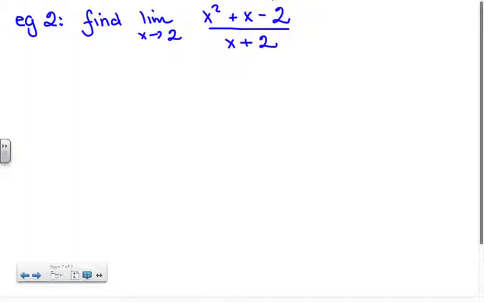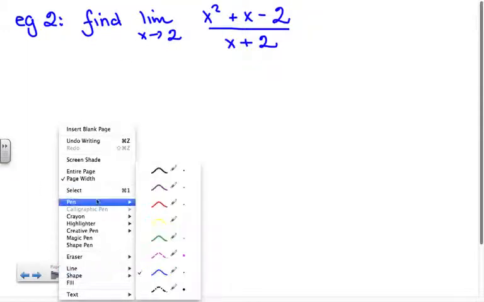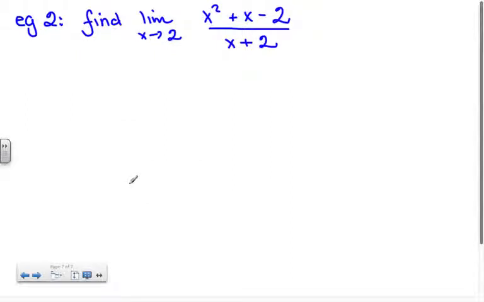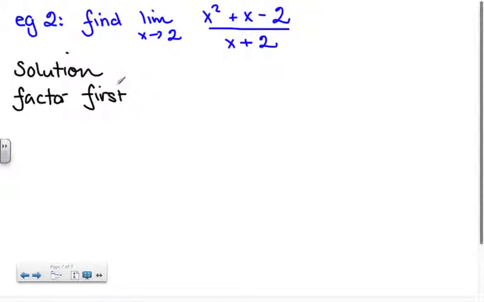In this situation, when you're working with rational functions, you always want to factor first, if possible.